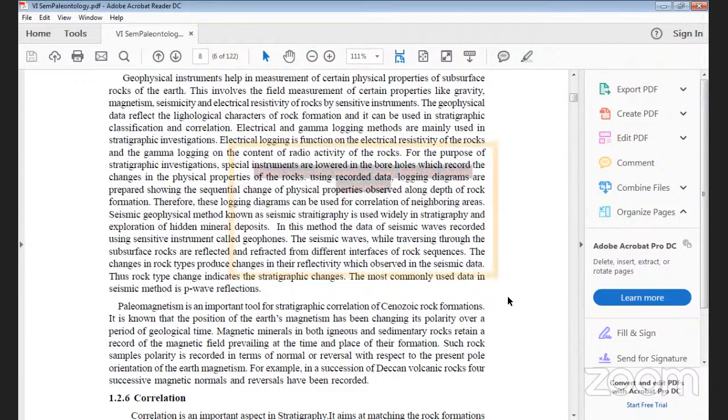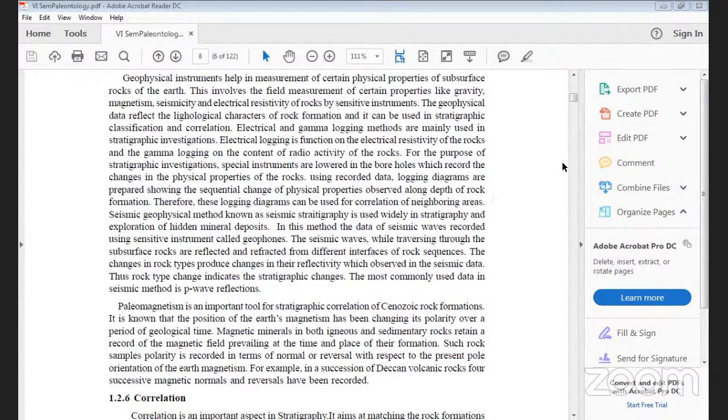It is known as the position of the Earth's magnetism, and it records the changes of polarity over a period of geological time.